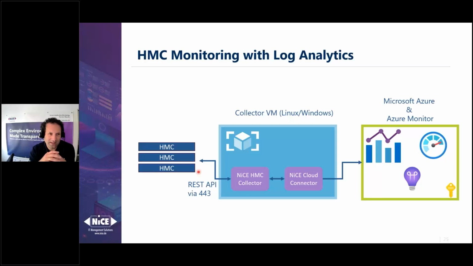The key parts sit on what we call a collector VM, which has two components. One is the HMC collector, which is a REST API client for the HMC REST API. It uses a user with the HMC viewer role, so limited permission. It pulls the data and takes it to the NiCE cloud connector.